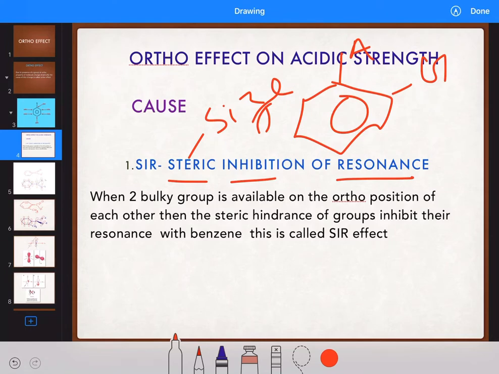In steric inhibition, the bulkiness of a group will stop or block the resonance of that group or its neighboring group with benzene. This effect is called SIR or steric inhibition of resonance.